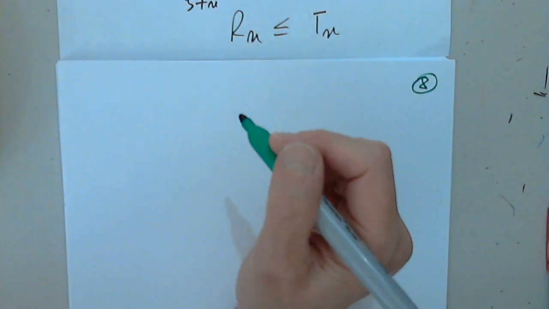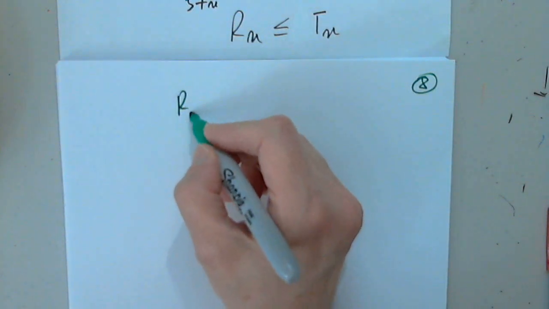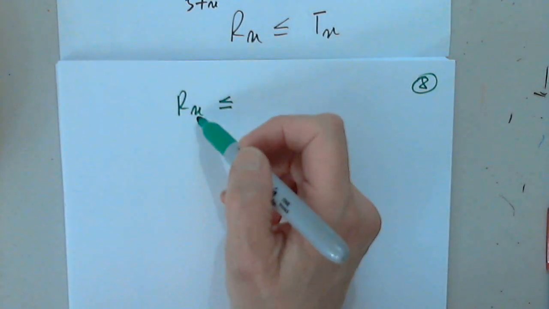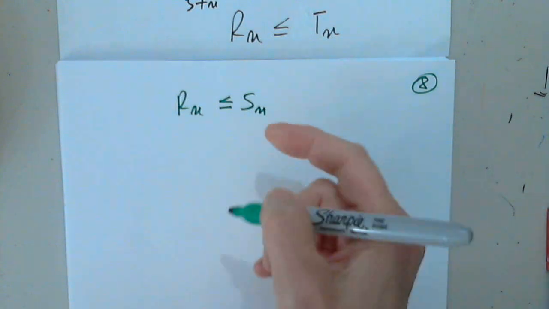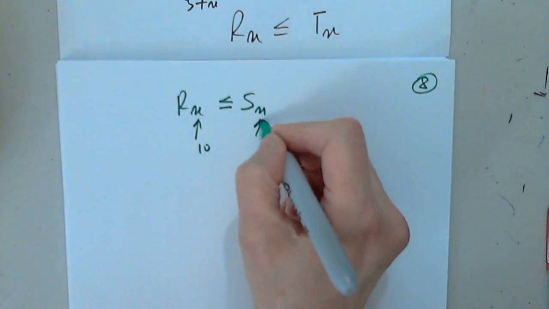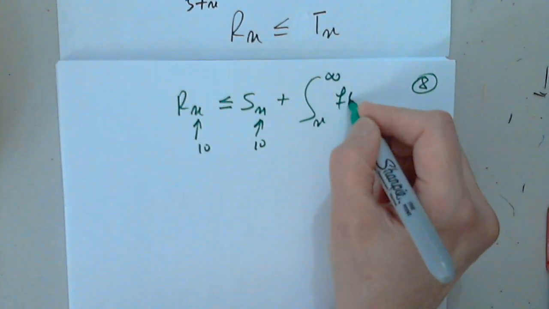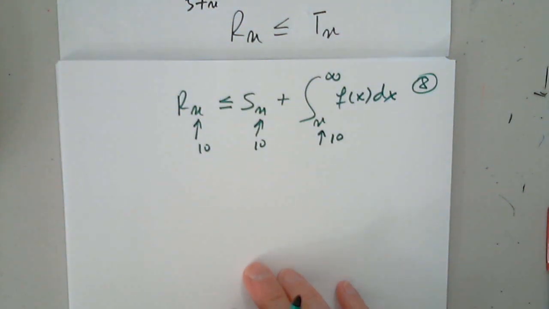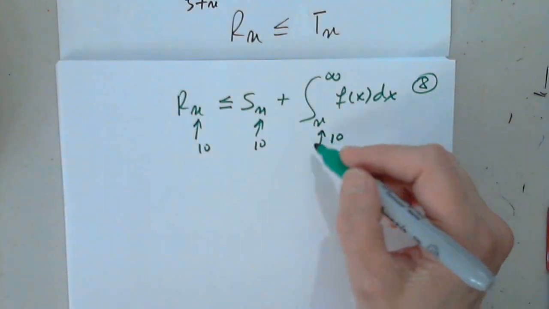Remember, the remainder Rn was less than or equal to, in this case, so we have 10 here, so this will be S10, so this is 10, this is 10, plus the integral from n to infinity of f of x dx, and of course this will be 10. Okay, so what we need to determine is we need to find this. Okay, because this is the error.